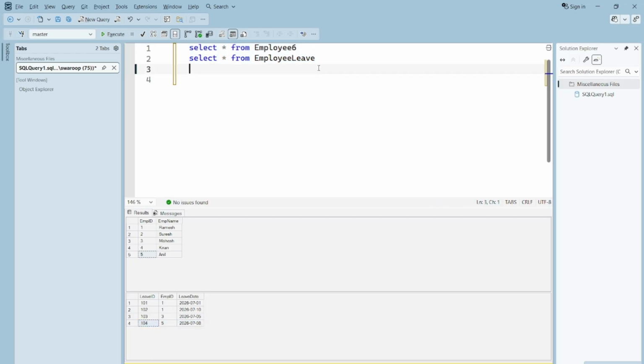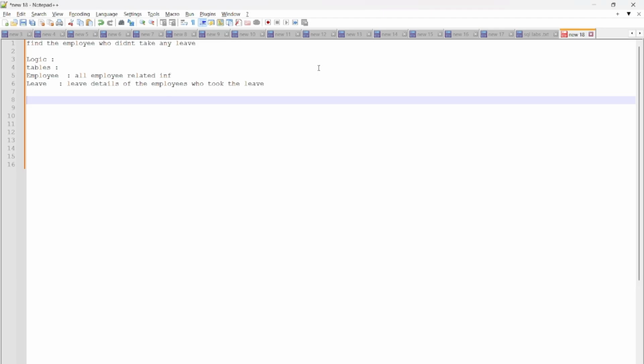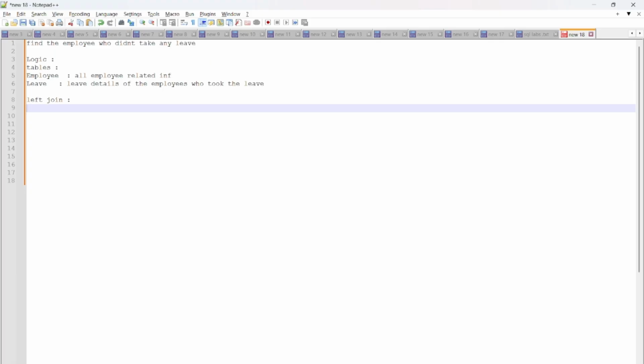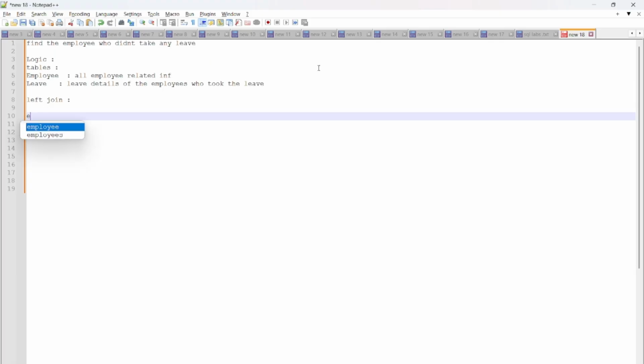So how do we fetch those details? Before starting, let's understand the left join and how it basically works. In our context, we have the employee table and the leave table. We take the employee table as the left table, which is considered the driving table, and the leave table as the right table.